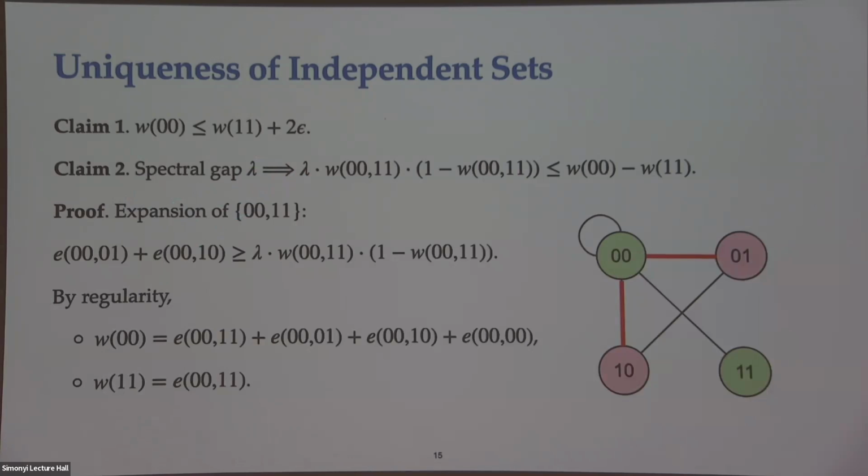But then you need to think of what the weights of vertices mean. The bottom line is, for this argument we need regularity. Approximate regularity is probably fine. If all the degrees are within fixed constant factors of each other, that would be okay.